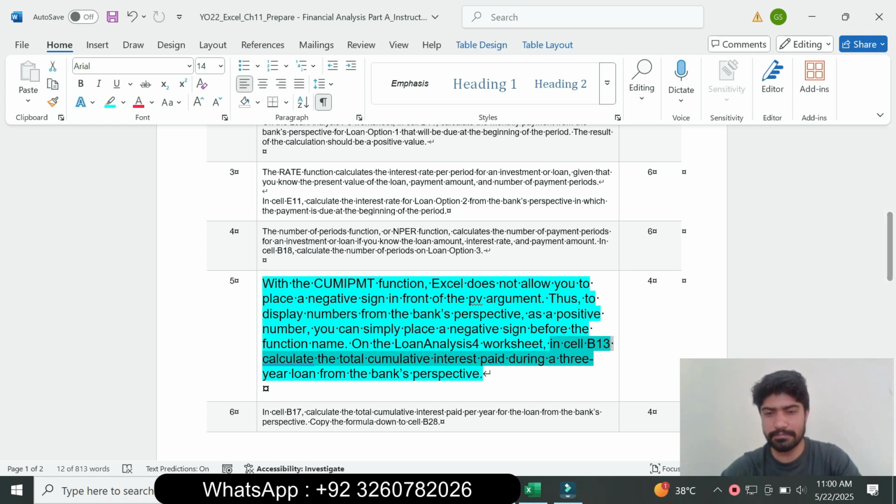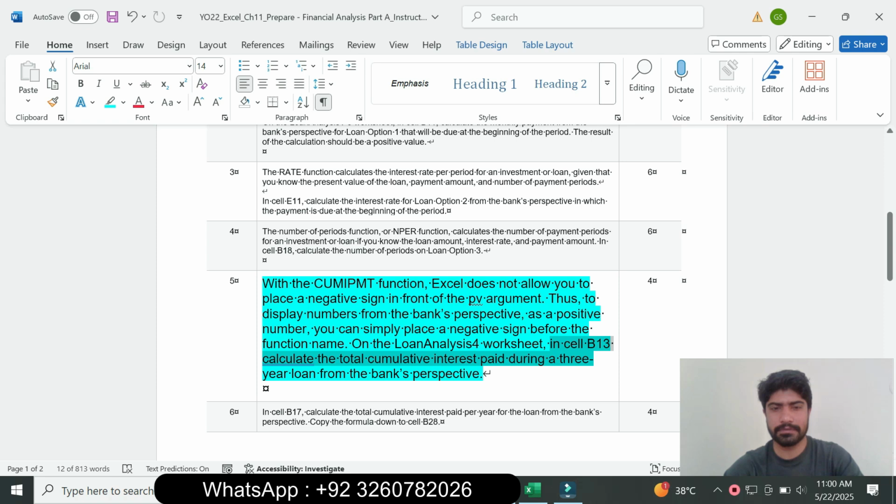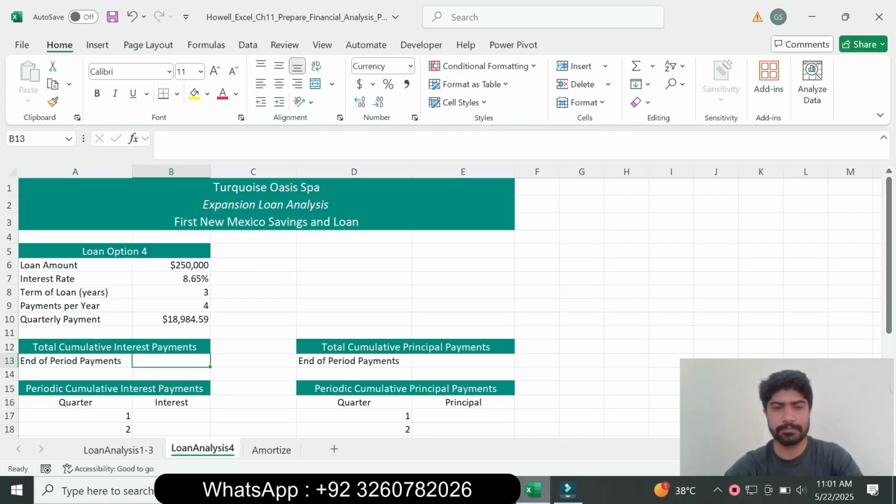So select cell B13 and calculate the total cumulative interest paid during the 3-year loan from the bank perspective.